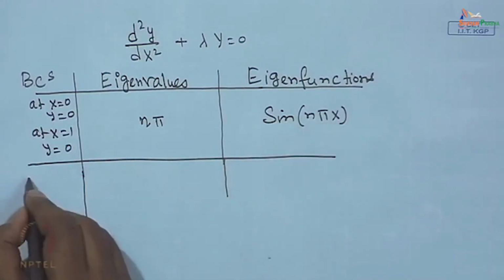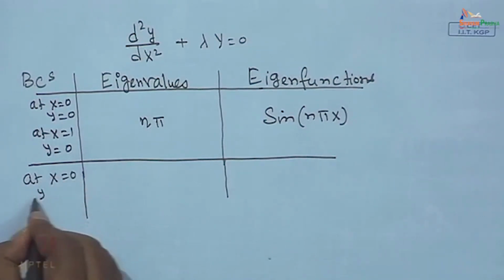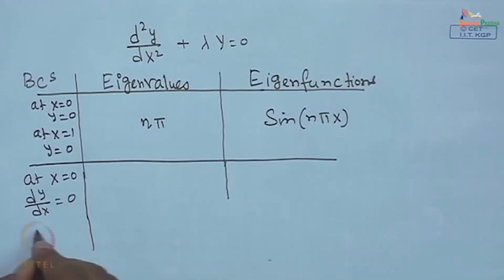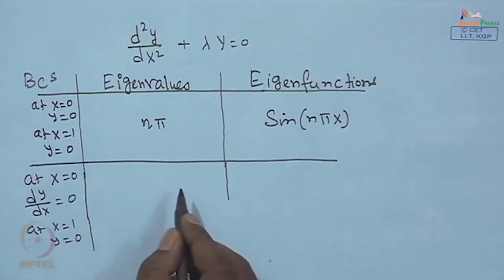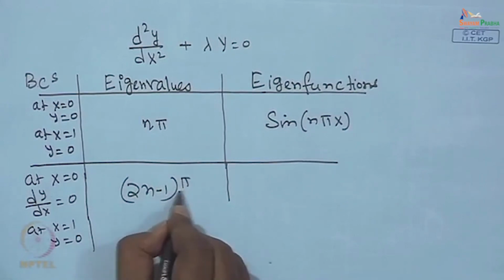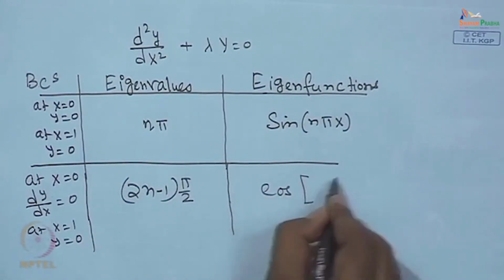If we had a Neumann boundary condition at x is equal to 0, so it becomes dy dx is equal to 0, and at x is equal to 1, y is equal to 0, we have 2n minus 1 pi by 2 as the eigenvalues and cosine functions as eigenfunctions.